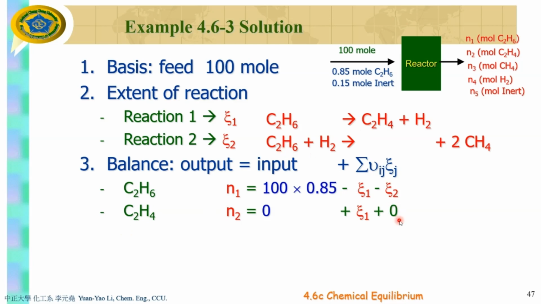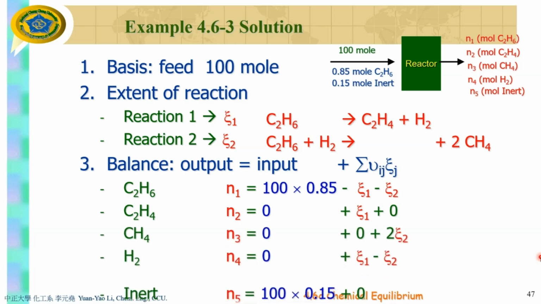So you plus 0. And because this is a product, the sign of the nu will be positive, right? So N2 equals Xe1. Or you can write down CH4, you can write down H2, and you can write down inert gas.